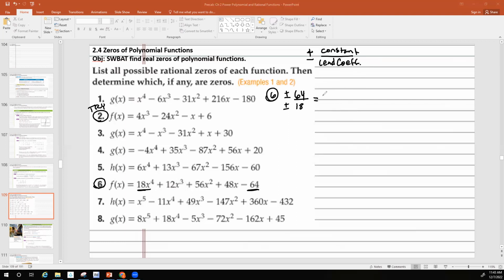So the factors of 64, I'm going to put 1, 2, 4, and 8, and we have 16. So 8 times 8 is 64, 4 times 16 is 64, 2 times 32 is 64, and 1 times 64 is 64.